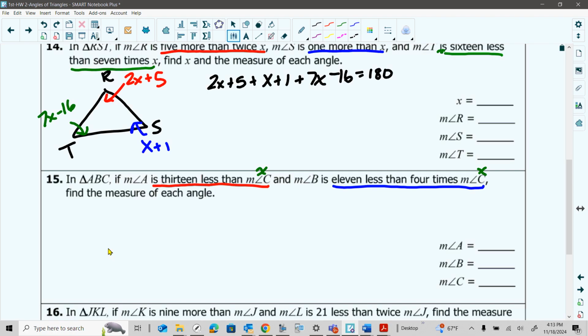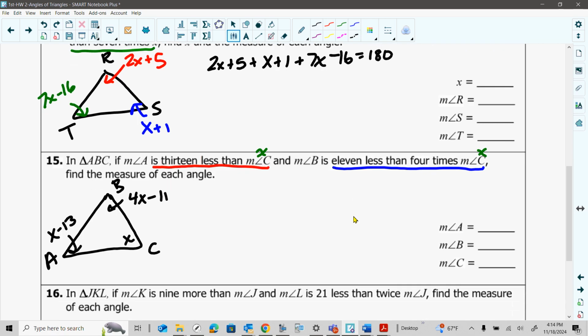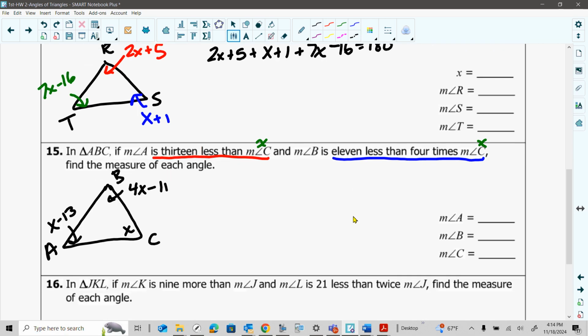So if I was thinking about the equation or the diagram, C would be x. A is 13 less than that, so x minus 13, and B would be 4x minus 11. And then you're back to writing the equation equal to 180, and then plugging back in, because they just want you to find each angle here.